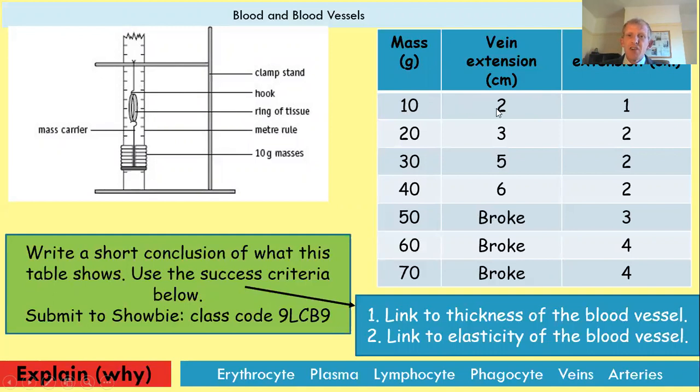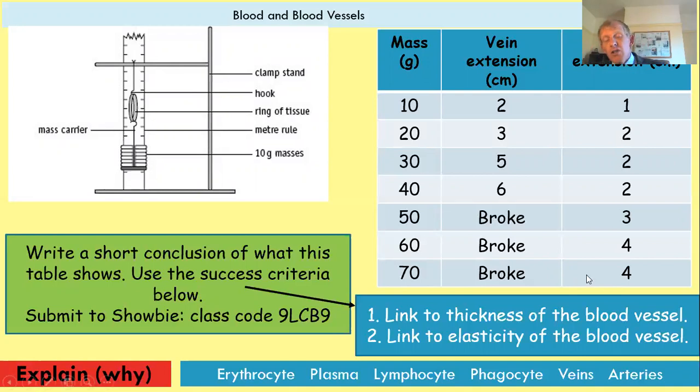So when they've added 10 grams to a vein, it's stretched by 2 centimeters, whereas the artery only stretched by 1 centimeter. And when we get down to 70 grams, we'll see the vein has broken while the artery has extended down to 4 centimeters.